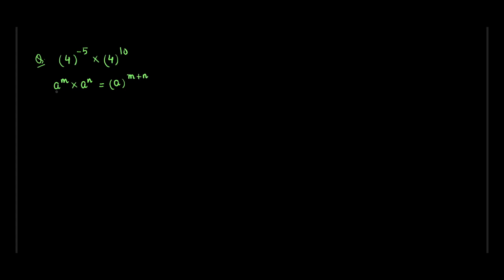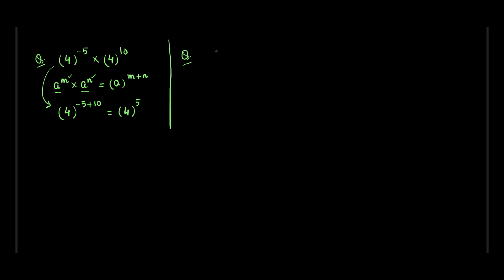So when the base is same and the powers are different, we write the base and add the powers, that is m plus n. Hence this question can be written as 4 to the power minus 5 plus 10, that is equal to 4 to the power 5. So moving on to the next question.